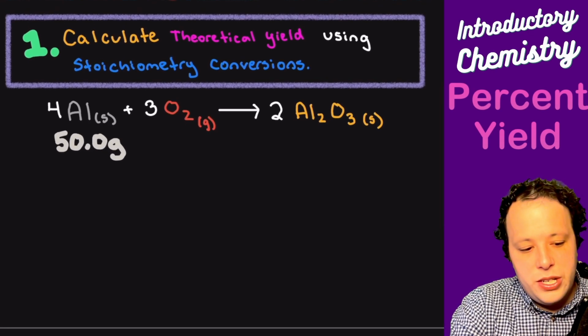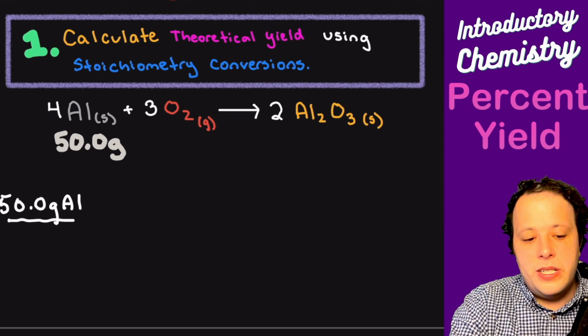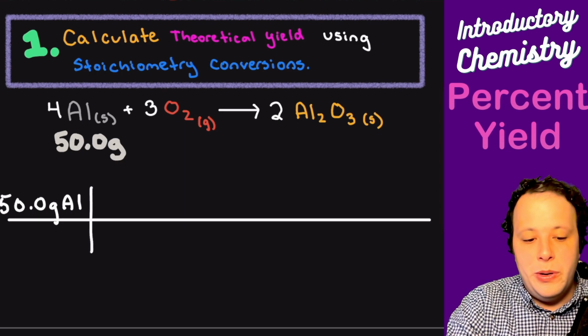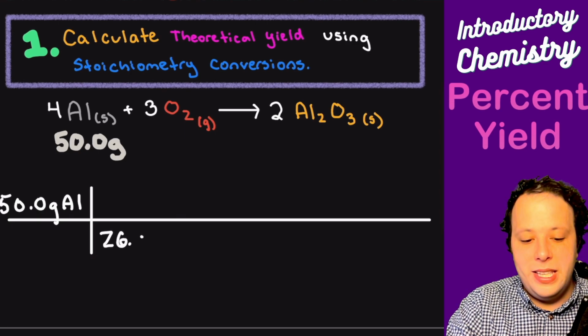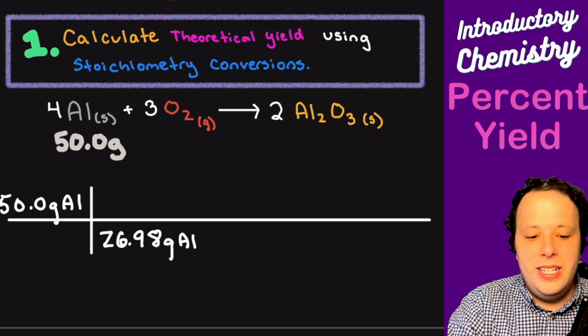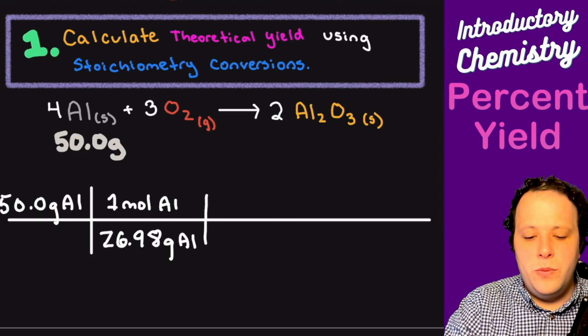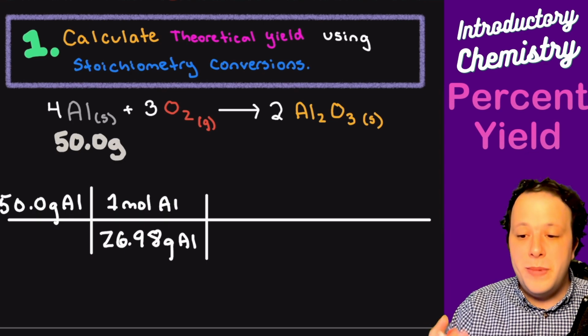So we're going to start with 50 grams of aluminum, and we need to get that to moles. So how do we get a mass to moles? Well, we need to use the molar mass to do that. So we're going to use our periodic table to see that 26.98 grams of aluminum is equivalent to 1 mole of aluminum. Now, we are interested in getting to the final product, which is aluminum oxide.